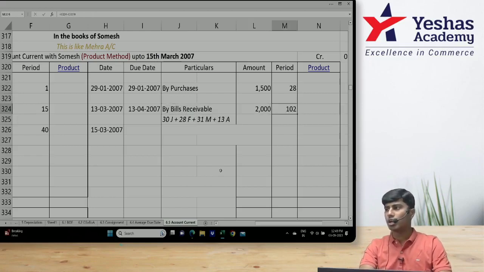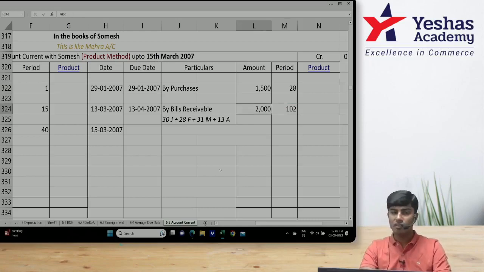Okay. Now, listen to me carefully. We will find the closing balance, but we will not write it. For that, we'll find the period also and write the product. First, find the period. What is the entire period? 1st of January to 15th of March. 30 plus 28 plus 15.